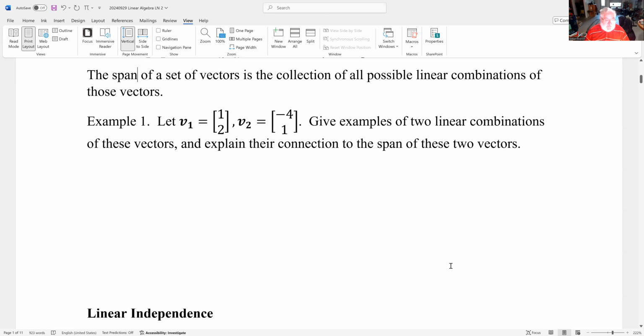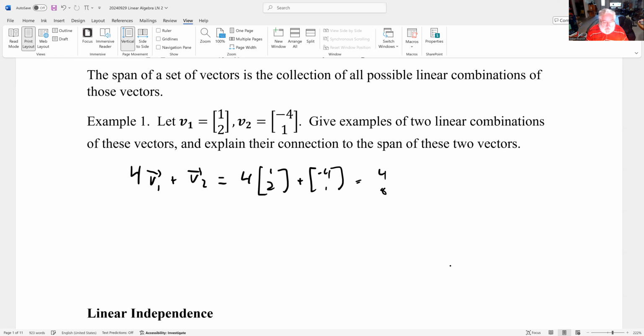So if v1 is 1, 2, and v2 is minus 4, 1, what are particular examples of this? So a linear combination would be, say, 4v1 plus v2. And just to practice our multiplication, that's 4 times 1, 2, plus minus 4, 1. That's 4, 8, plus minus 4, 1.